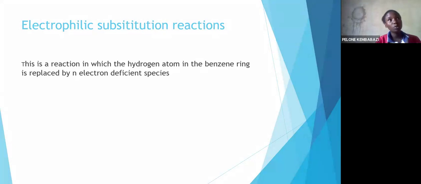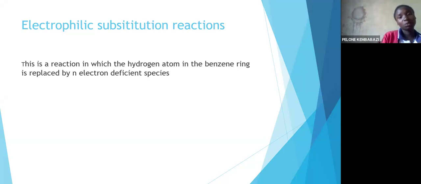This is a reaction in which the hydrogen atom in the benzene ring is replaced by an electron deficient species, or is replaced by an electrophile. As I said, an electrophile is an electron deficient species.